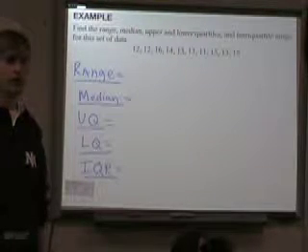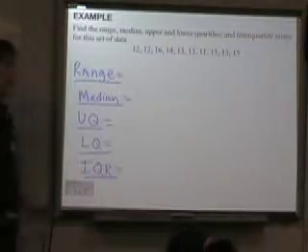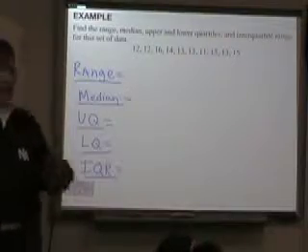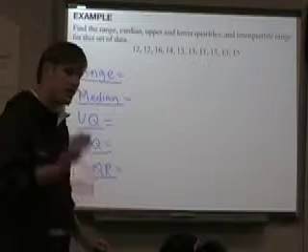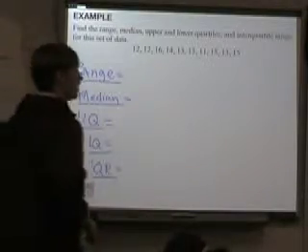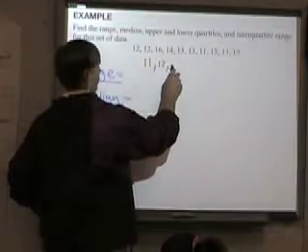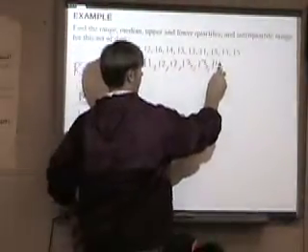So now look. First thing we have to do is find the range. Okay? But anytime I give you a set of data, I want you to do what first? Put it in order from least to greatest. So let's do that. What is it going to be from least to greatest? 11, 12, 12, 13, 13, 14, 14.